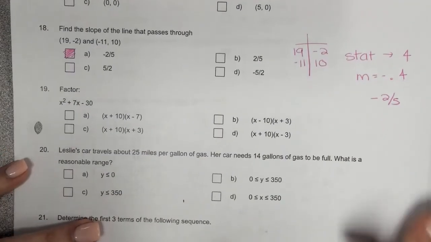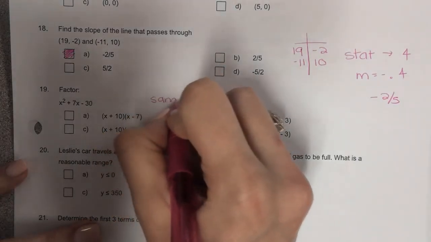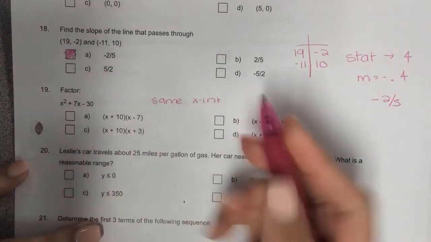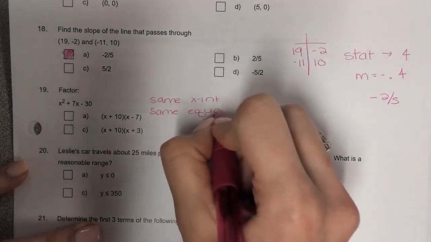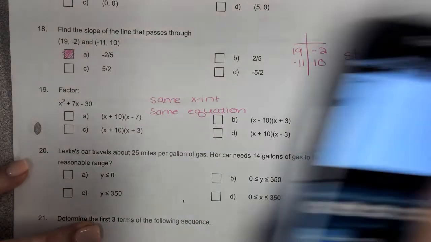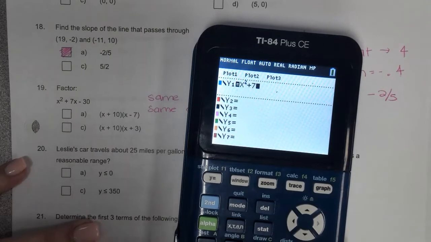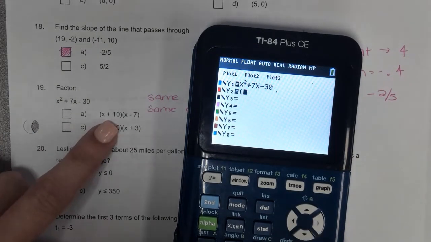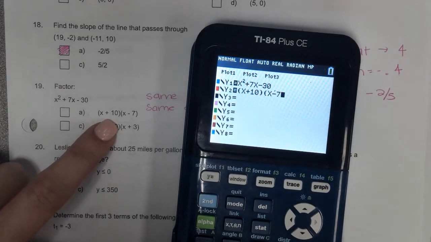Factor. Now, if you're trying to find one factor, it needs the same x-intercept. If it's giving you both factors, the same equation. So I could put x squared plus 7x minus 30 in y1. And let's put our factors, x plus 10, x minus 7.